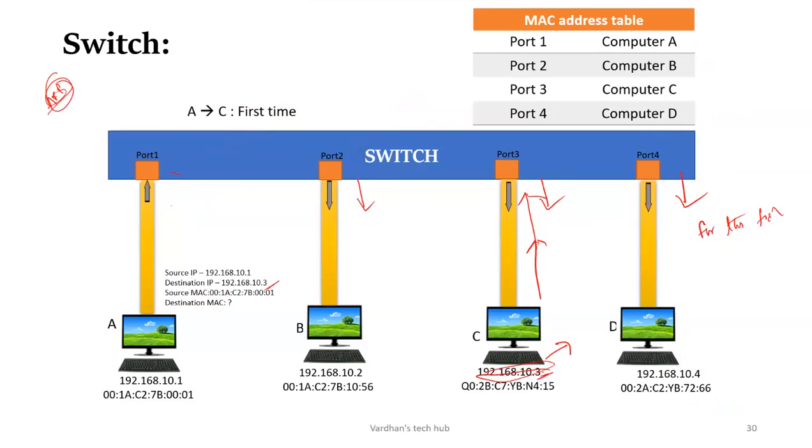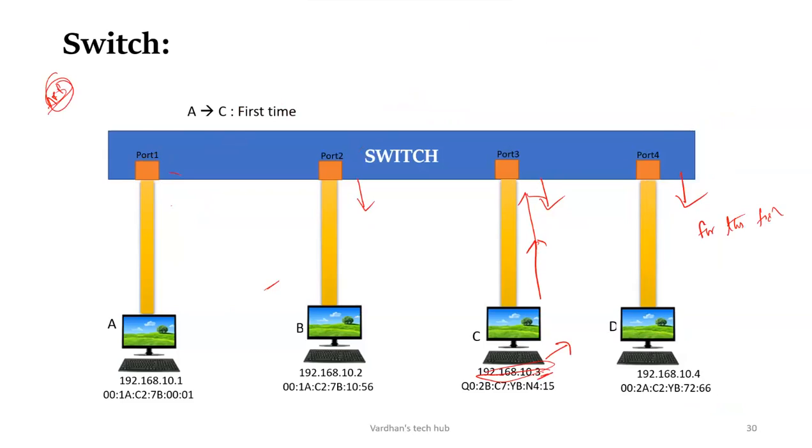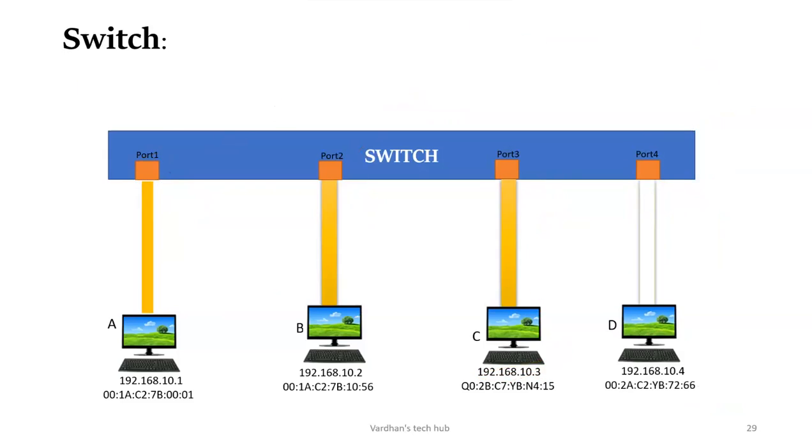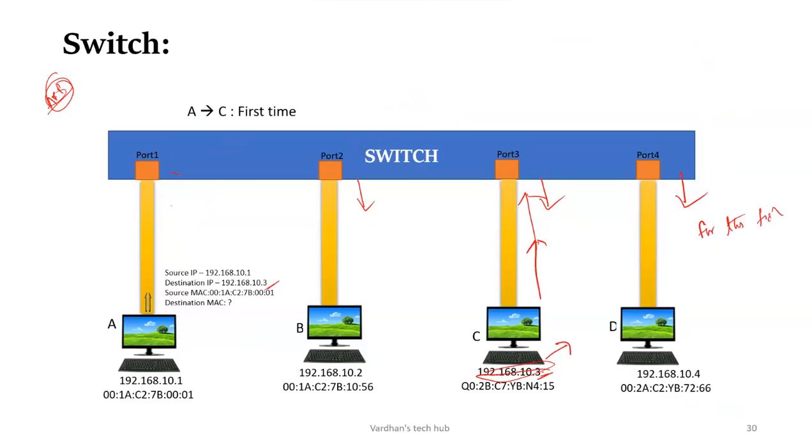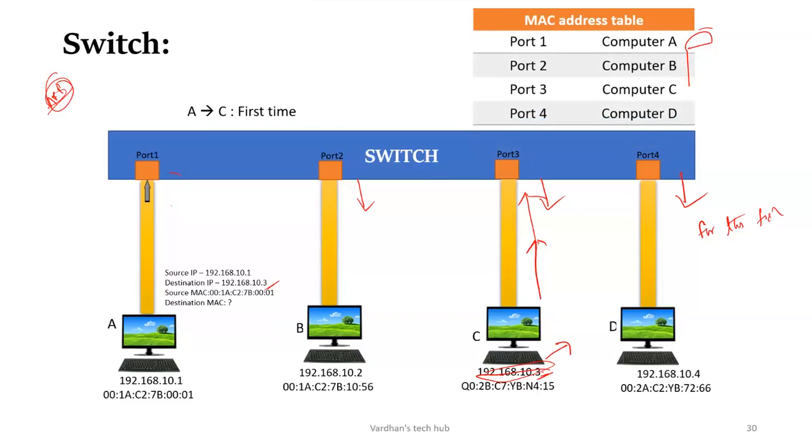Here we have one more table available in the switch, that is the MAC address table. The MAC address table is nothing but the information on which port which device is connected: on port one, what device is connected, on port two, what device, on port three, which device, on port four, what device.